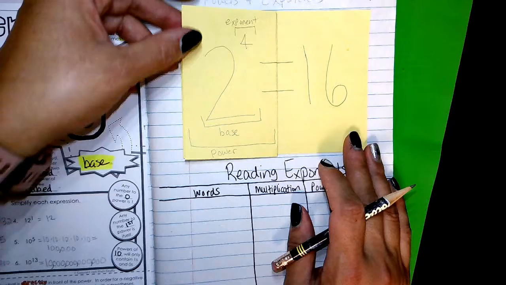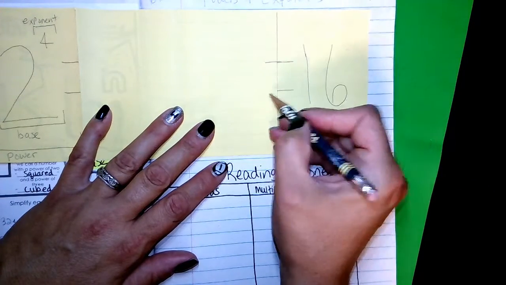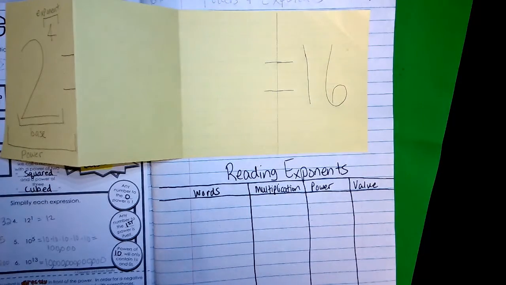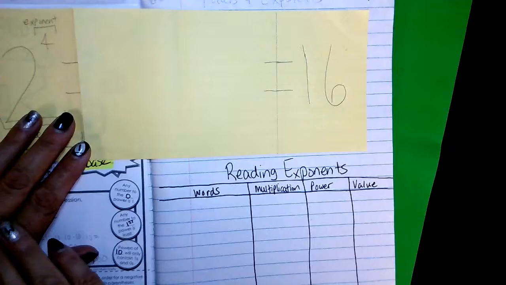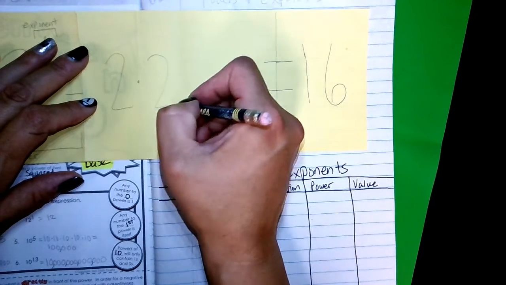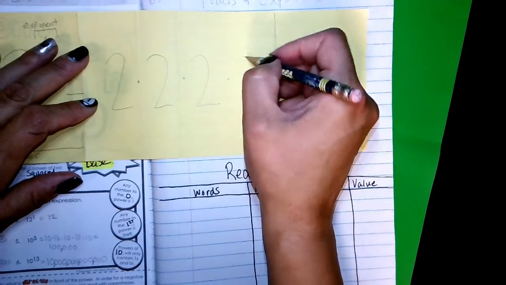our answer here. But let's go ahead and open this up. And I'm actually going to add an equal sign to that. And I want to write that as a multiplication problem. So I've got 2 times 2 times 2 times 2.